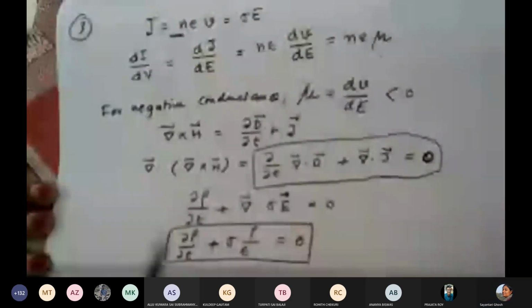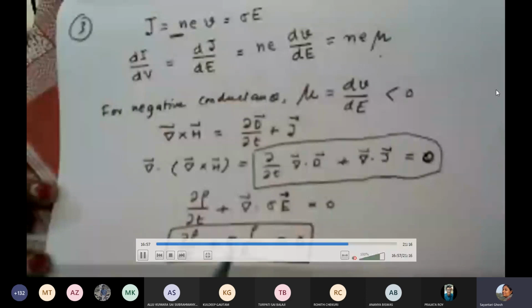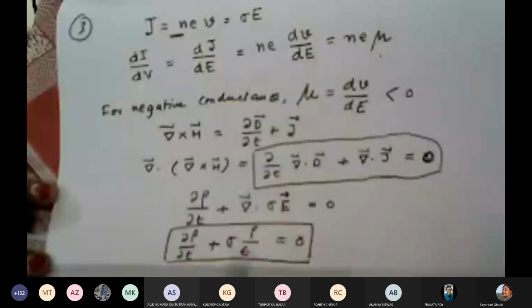Next step, we again replace divergence of E from the first Maxwell's equation by rho by epsilon, because epsilon times E is D, the displacement vector, that is how it is defined. We are replacing divergence of E in terms of rho by epsilon, and this is the equation where we stop.